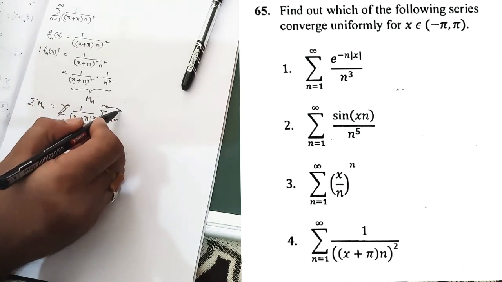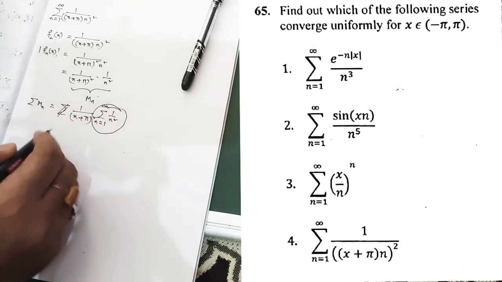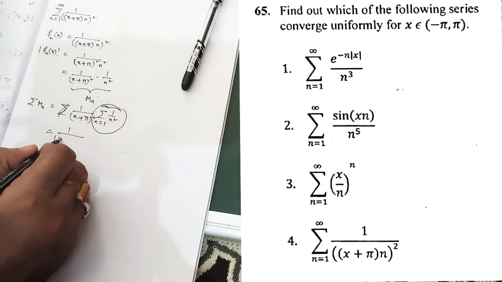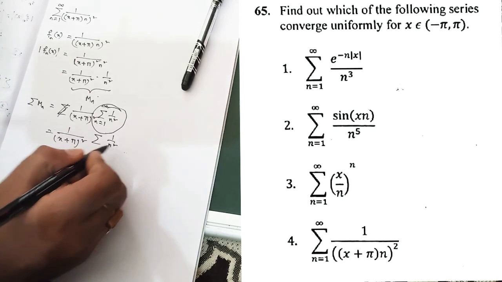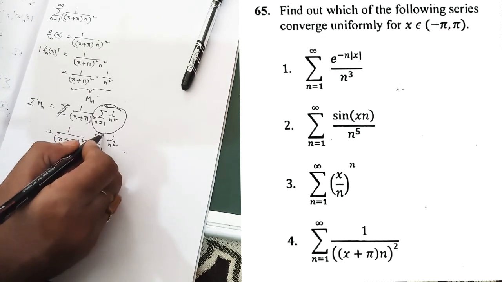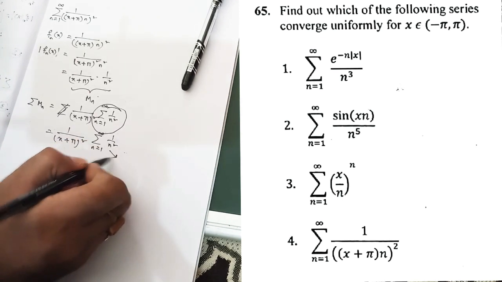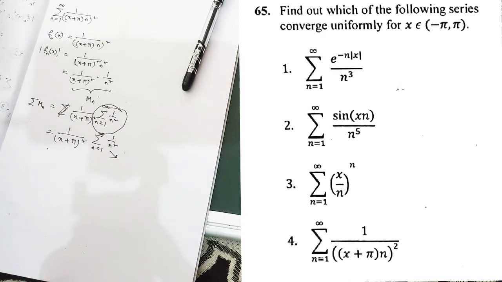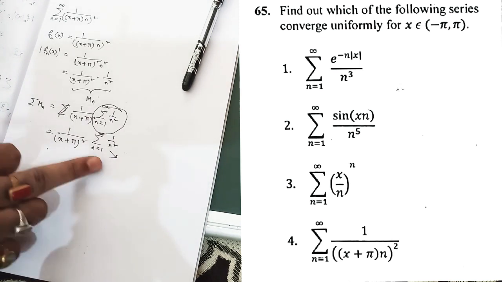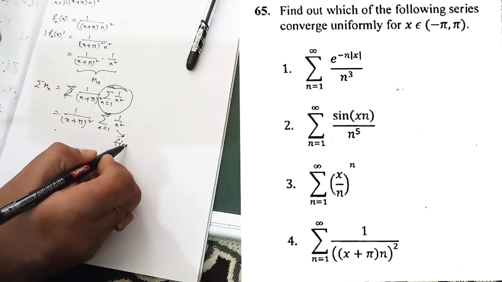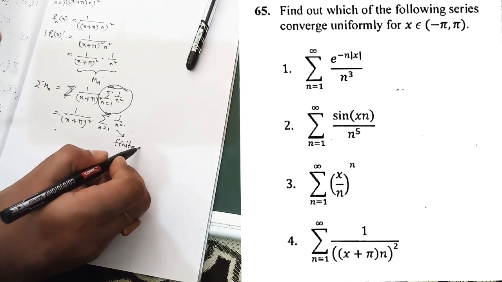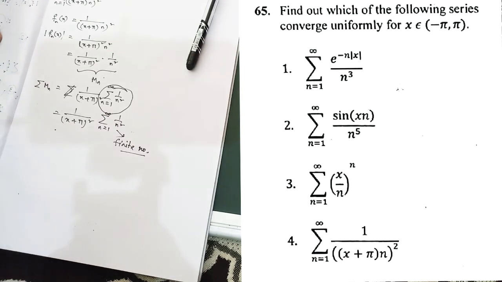Look at this series, that means 1 by (x plus pi) square times the summation of 1 by n square, n from 1 to infinity, and this series is convergent by the p-test. It is convergent, that means it will give us a finite number. Alright, but what about this term?